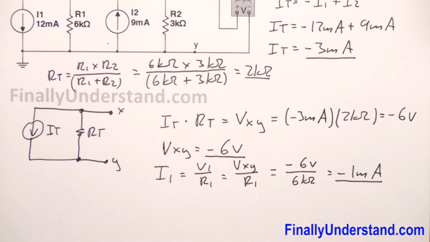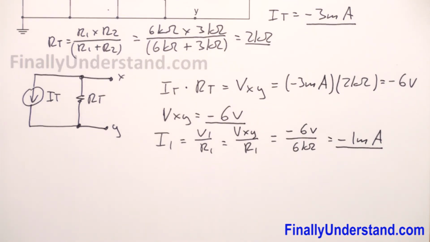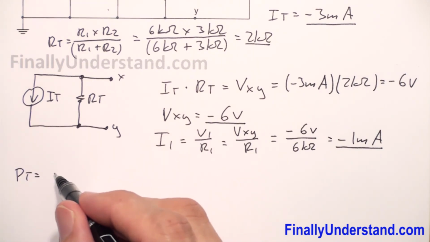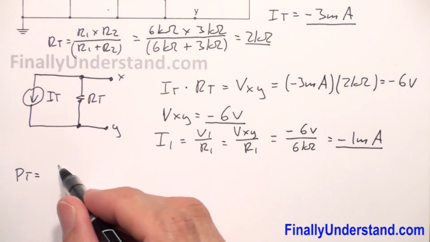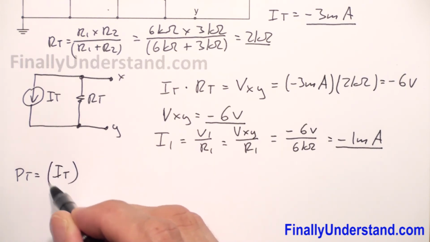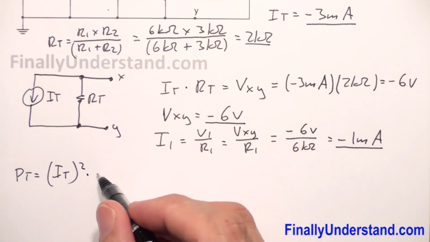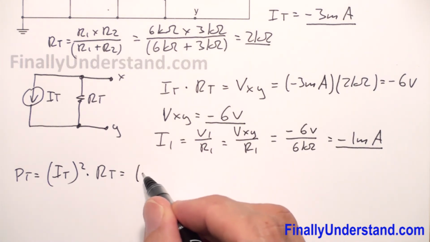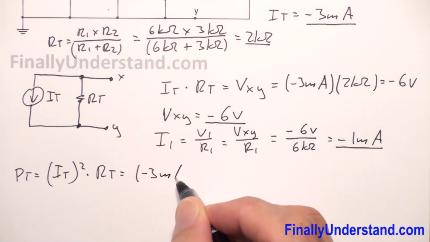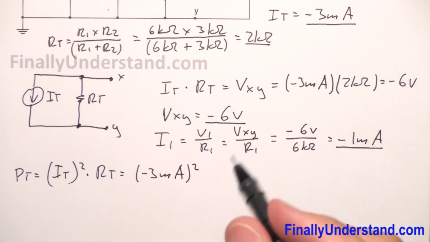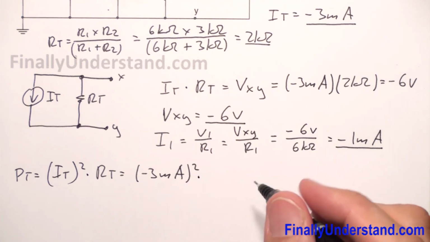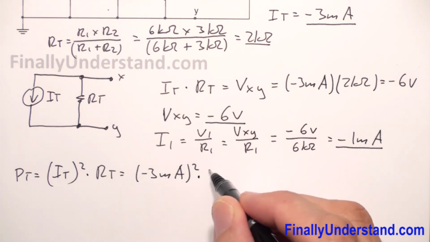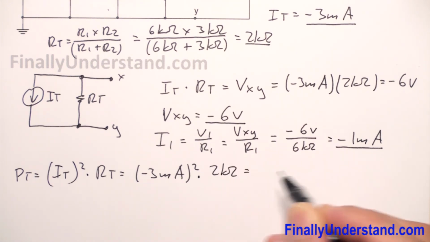If I want to find P total, I would say this is I total to the second power times R total, where I total is equal to negative 3 milliamps to the second power times R total, 2 kilo ohms.